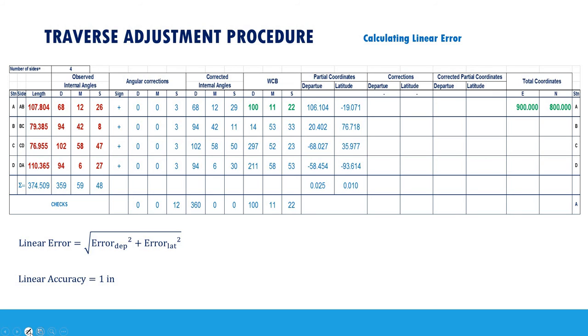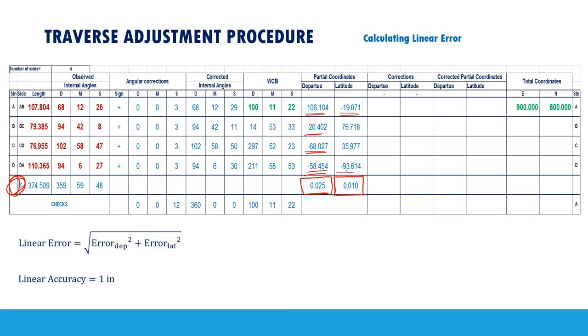Now after we calculated all the values, all the departures and all of the latitudes, guys, there is now a very important step. We are going to find the summation of all of the departures here, and we are going to find the summation of all of the latitudes. I have here two positive values and two negative values, and here the same.